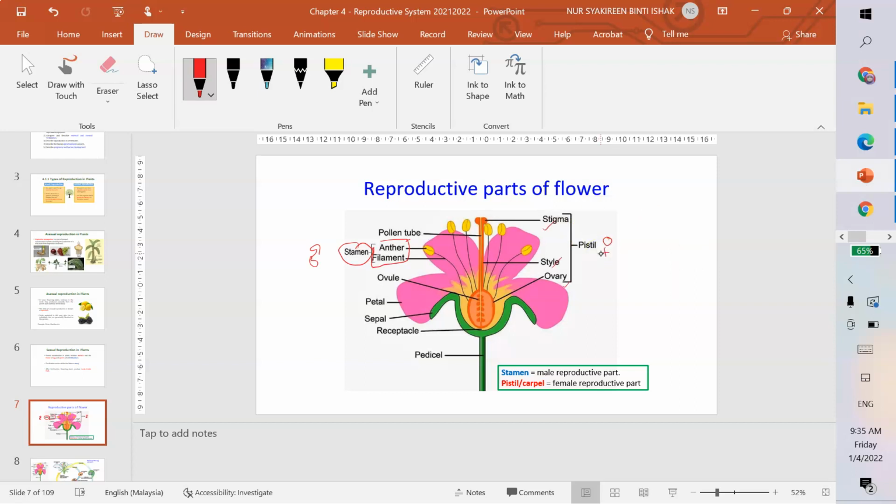The anther produces pollen that will land on the stigma, which is the female part. So this one is a flower that has both male and female reproductive system. So for this plant, it is capable of self fertilization.